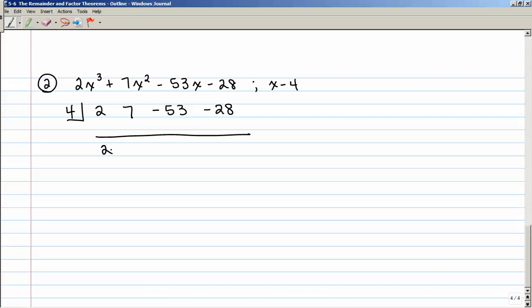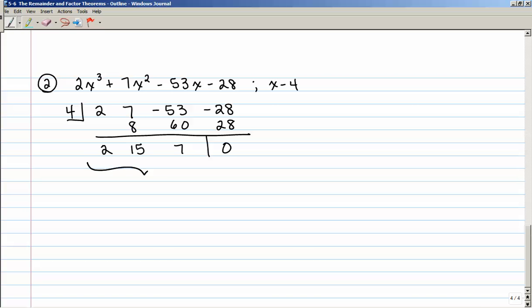Bring down the 2 and start multiplying and adding. 4 times 2 is 8. Add, that gives me 15. 4 times 15 is 60. Add, that gives me a 7. 4 times 7 is 28, and that gives me a 0.